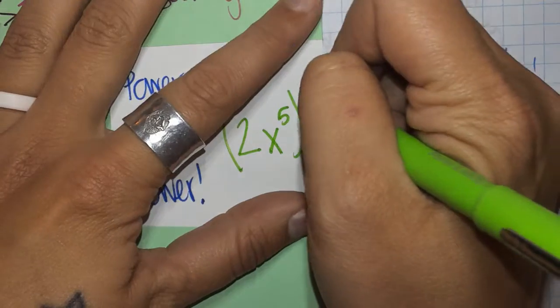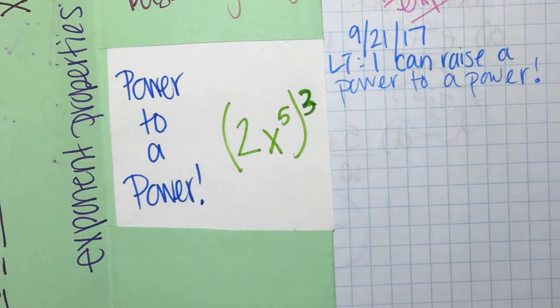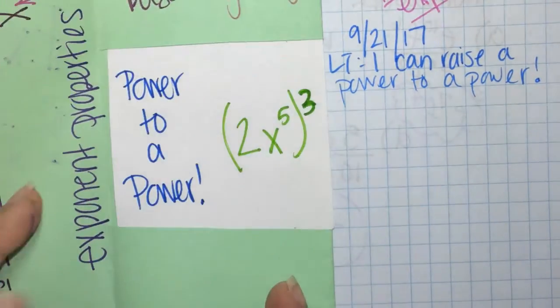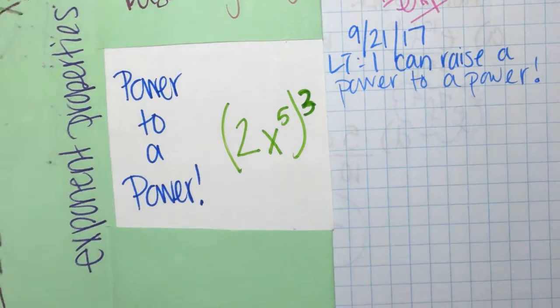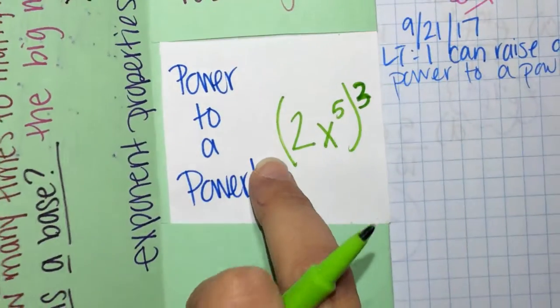Let's make this cubed. We open it once and then we go down. So far it should be opened once and it should be multiplying like bases, dividing like bases, and then power to a power.